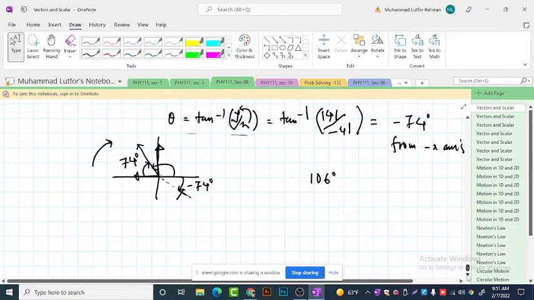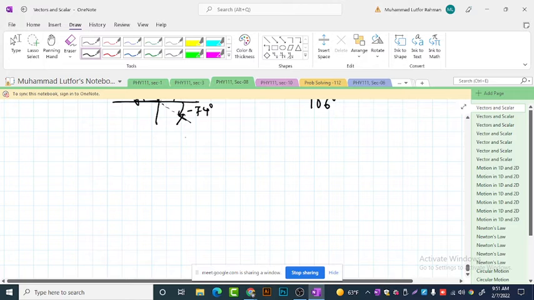Say, for example, I have an arbitrary vector A equal to 2i plus 2j. What would be its angle? That would be 45 degrees. That's very good.